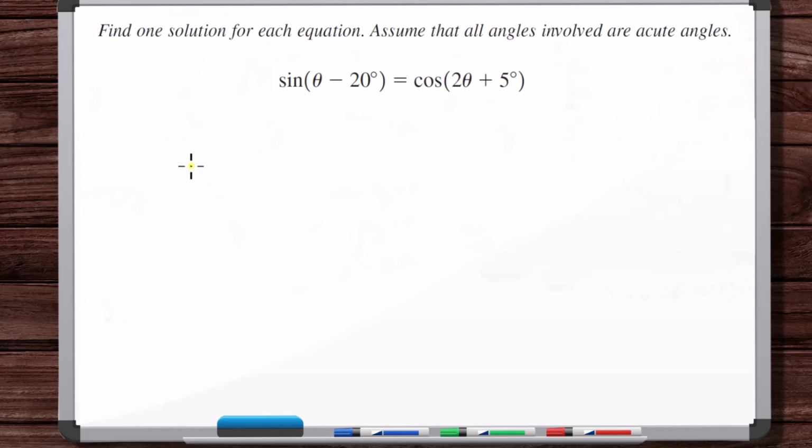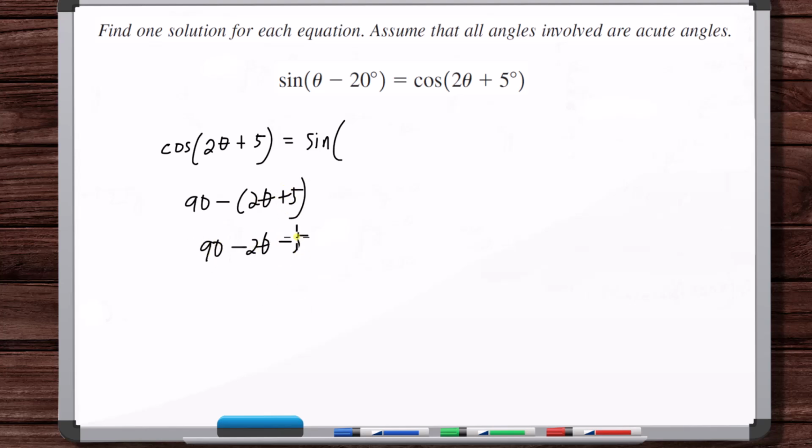Okay, so we've got cosine of 2 theta plus 5 is equal to sine of, these are cofunction pairs, so 90 minus 2 theta plus 5, that's 90 minus 2 theta, so 85 minus 2 theta.